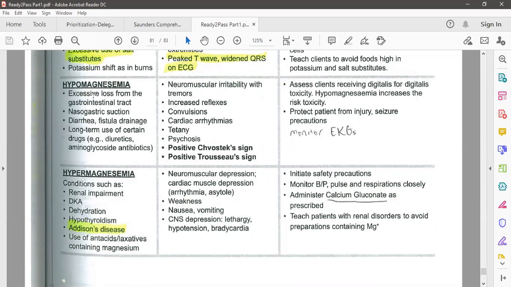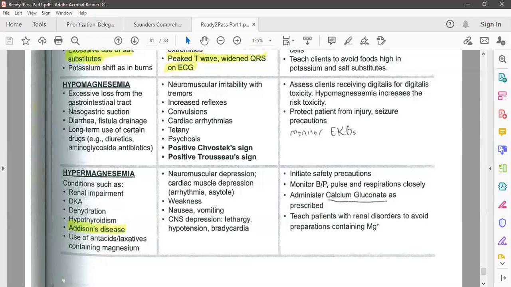Hypomagnesemia, when we read, always keep in mind what we know about hyper and hypocalcemia. The hypomagnesemia signs and symptoms are almost the same as hypocalcemia, right? So first of all, what are the causes of hypomagnesemia?